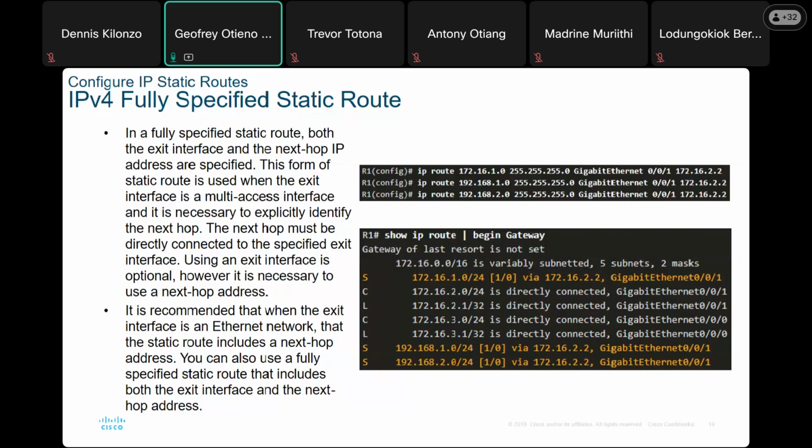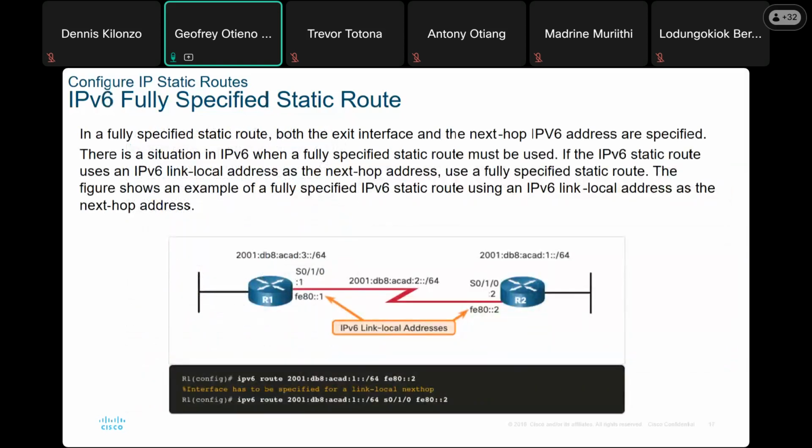So that's the point there. Okay, so you can see another good example for this being specified. Again, it is fully specified, as you can see, the exit interface and the link local address being used. What is the order?